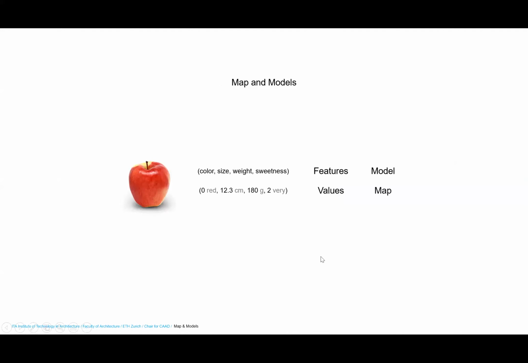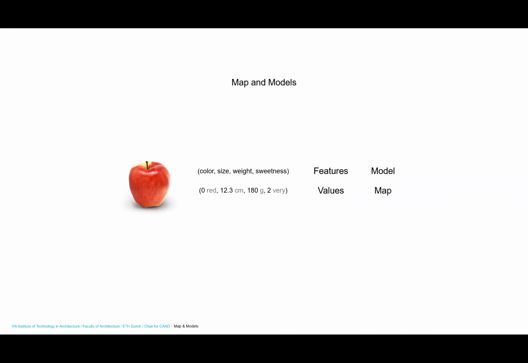Before we talk further, I would like to go back to the concept of map and models using feature vectors. All the features we've been introducing belong to the model side, and all the values for each feature belong to the map side.